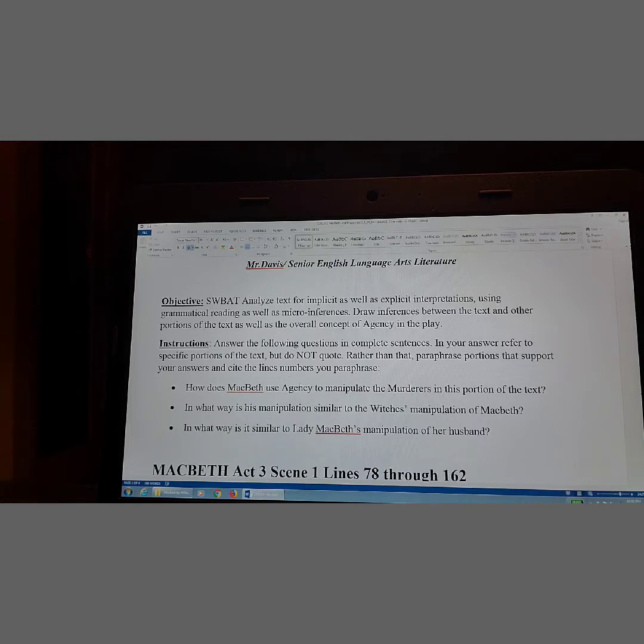And rather than that, paraphrase the portions that support your answers and cite the lines that you paraphrase. All right. So, first question being, how does Macbeth use agency to manipulate the murderers in this portion of the text? Second, in what way is his manipulation similar to the witches' manipulation of Macbeth? And third is, in what way is it similar to Lady Macbeth's manipulation of her husband? Okay.